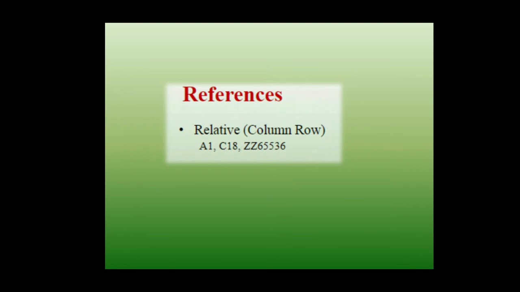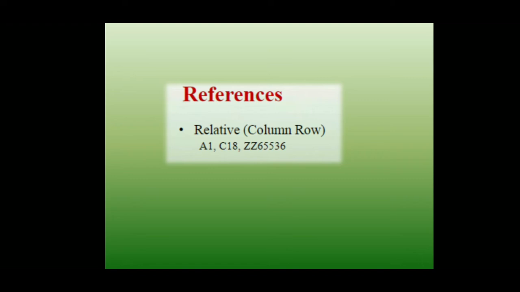Then comes the reference. This word I have been using since long. Reference here means the address which identifies a cell or a range of cells in a worksheet. It tells Excel where to look for the values or data you want to use in a formula. A range of cells is referenced using a colon, as I told you; you have to write the colon in between.